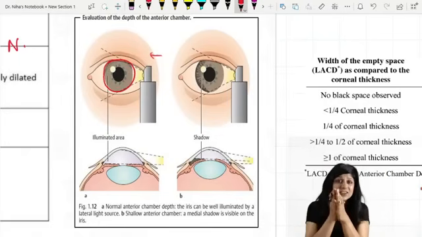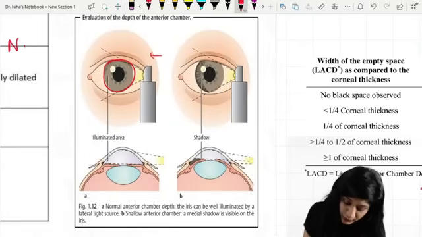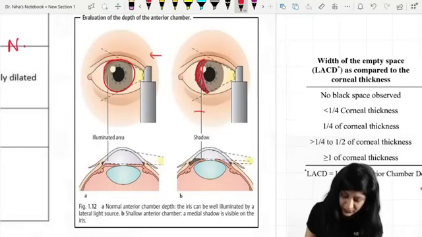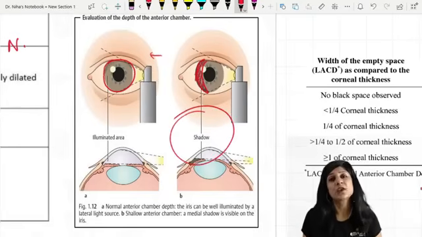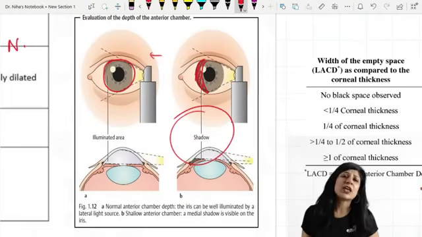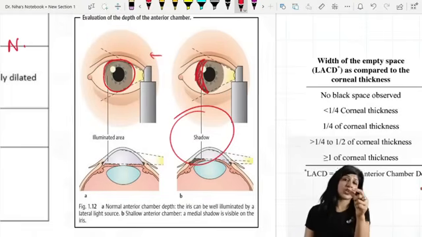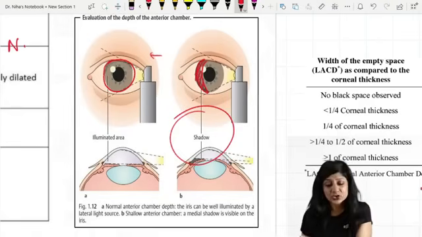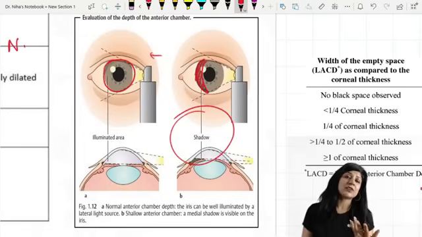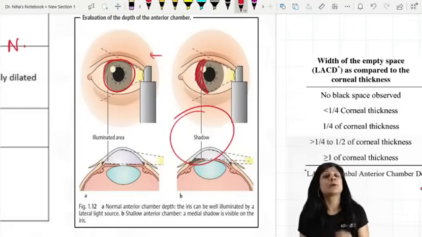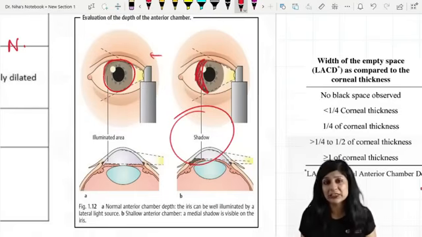But if it is very shallow, you are not able to see this area, this area is dark, so the shadow is there. That means the anterior chamber is shallow. Now why am I interested in a shallow anterior chamber? Obviously when I am doing cataract surgery and the anterior chamber is shallow, the chances of complications will be very high. Plus, the chances of glaucoma related complications will again be very high in this patient.